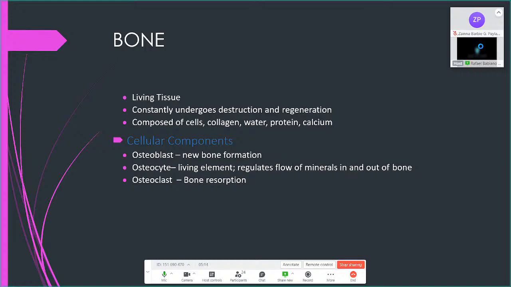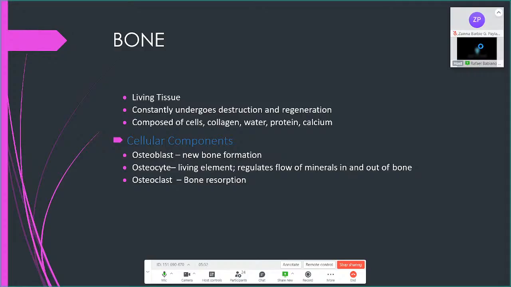But when our bone is going through this process, think about a house being renovated. Some parts are removed and replaced with better materials, so the house becomes better and bigger. That's what happens to our bone. Our bone is broken down in order to be rebuilt better, with a better outcome.